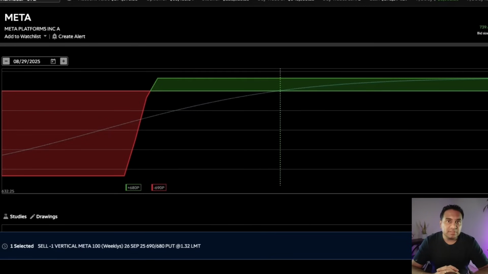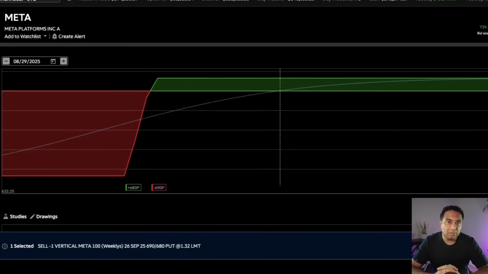So now that we've discussed the collateral required and the premiums that we would collect in each scenario, let's also compare both strategies and see what would need to happen at expiration for you to keep 100% of the premium that you collected at the time that you opened the trade. In case you were simply selling a put option at the 690 strike price, all you would need is for Meta to stay above the 690 strike price by expiration, and then you get to pocket 100% of the premium.